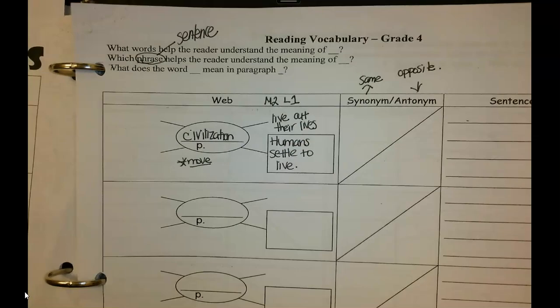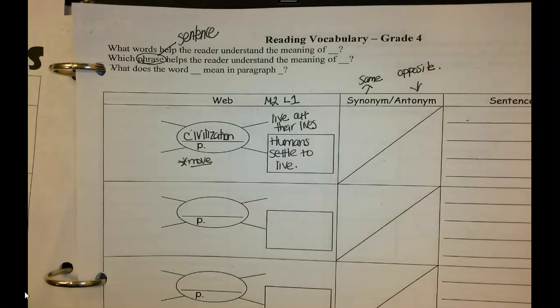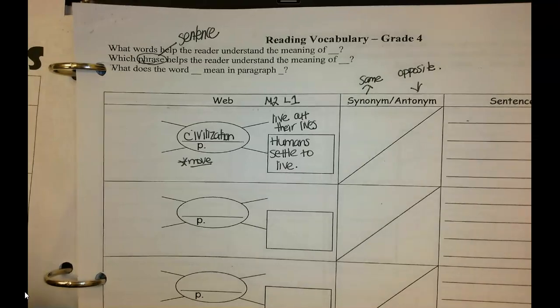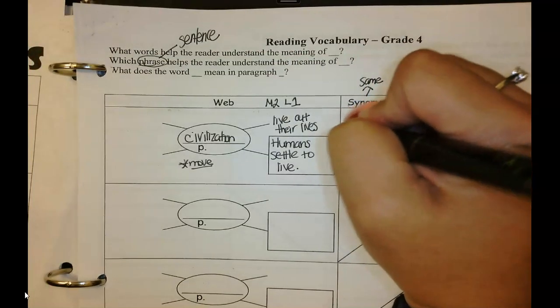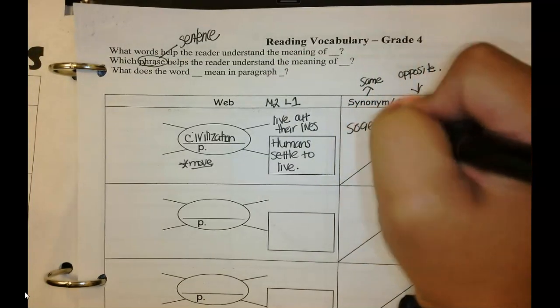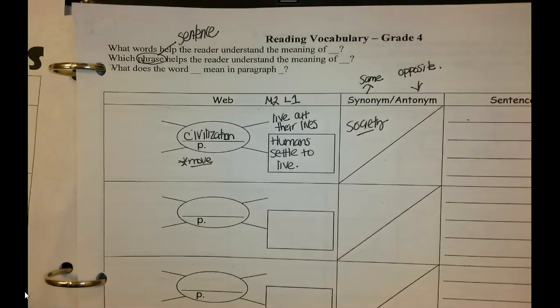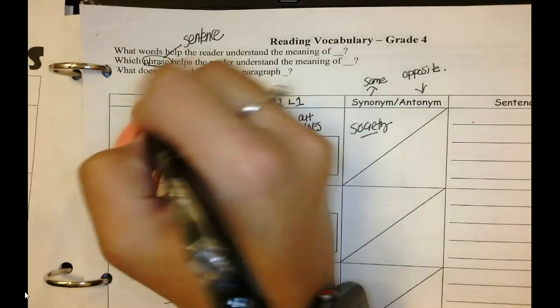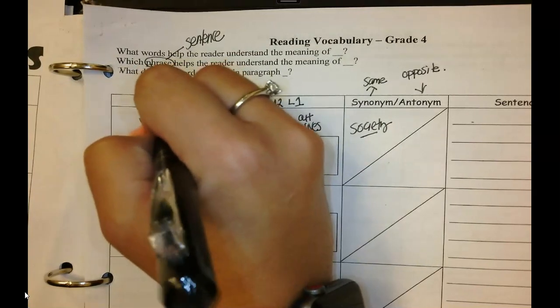So what would be a synonym of civilization? You can say it's society, right? The society we live in today, the world we live in today. You probably hear your parents saying society a lot, right? Now, what other words help the reader understand the meaning of civilization? It also talks about the world they live in.